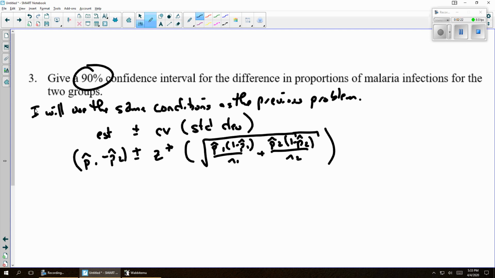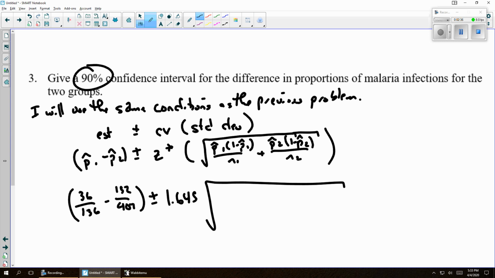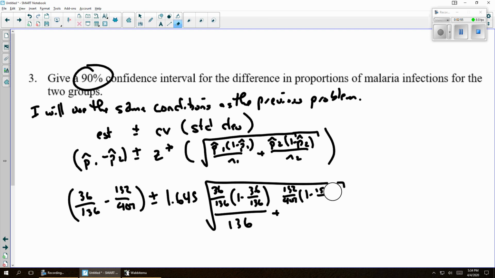So when I plug the numbers in here, this is going to be 36 over 136 minus 152 over 407 plus or minus, there's my z star, times the big square root of 36 over 136 times 1 minus 36 over 136 all over 136 plus 152 over 407, 1 minus 152 over 407 all over 407.